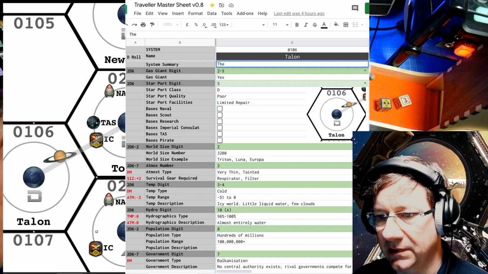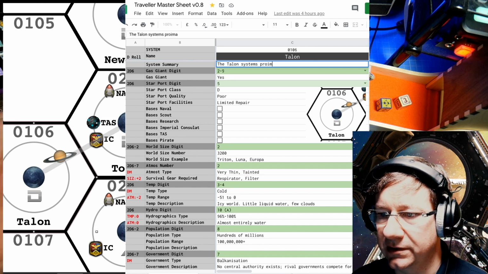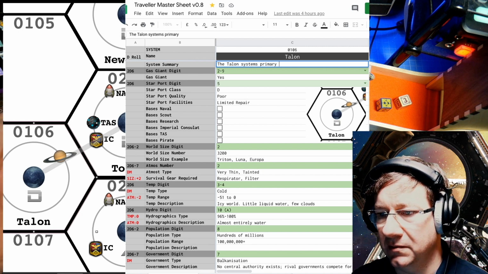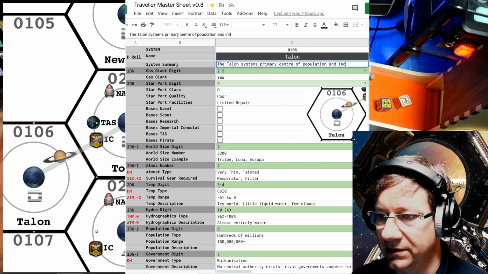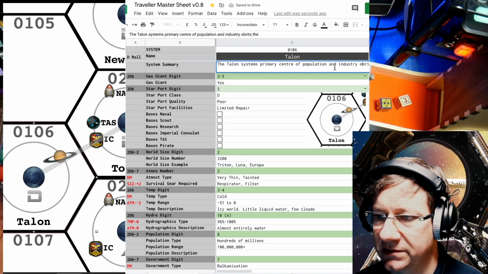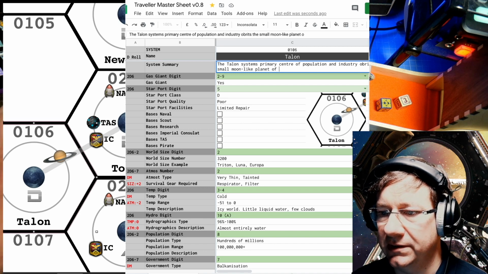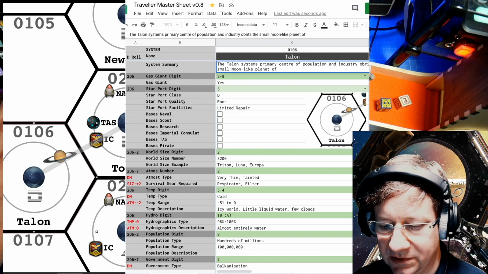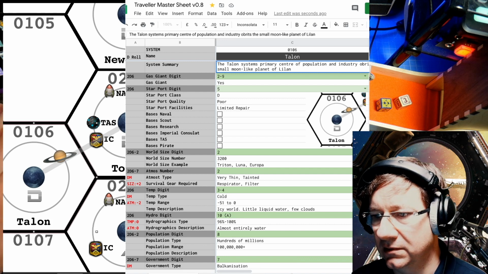So the Talon system's primary center of population and industry orbits the small moon-like planet of... I'm just going to literally call it Lylan 12.